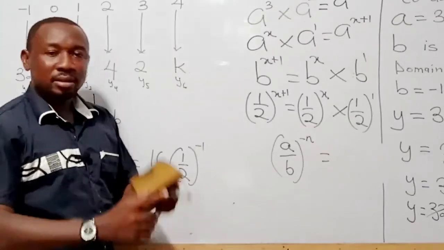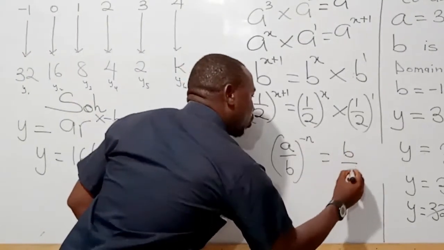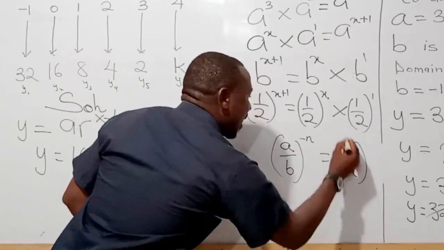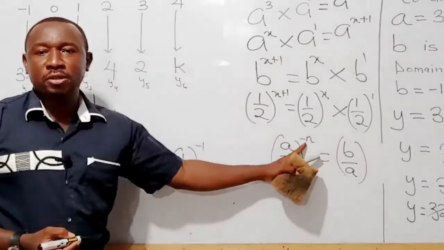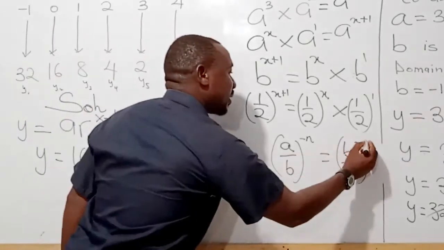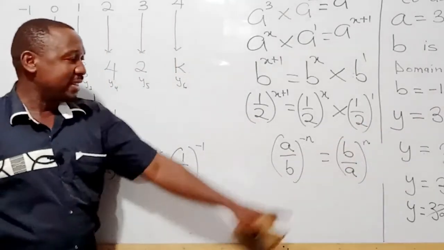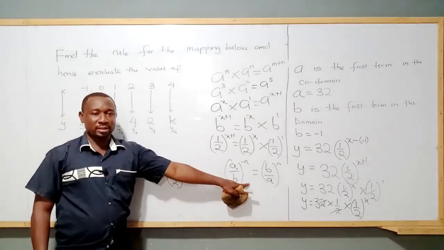In other words, the reciprocal: b out of a, and the negative sign will change from negative to positive. So here will be positive n. This is a rule in indices, and you need to know this.